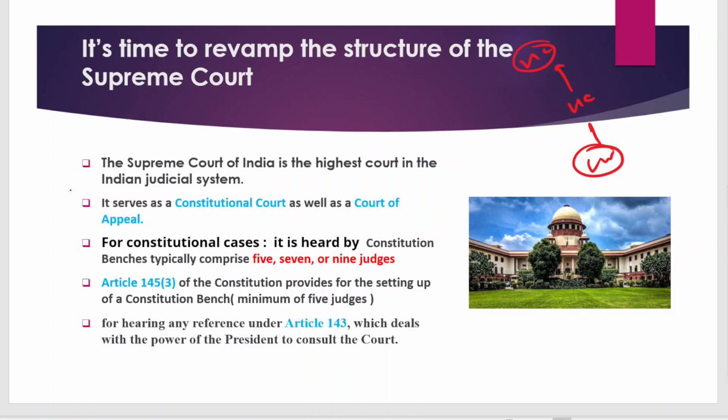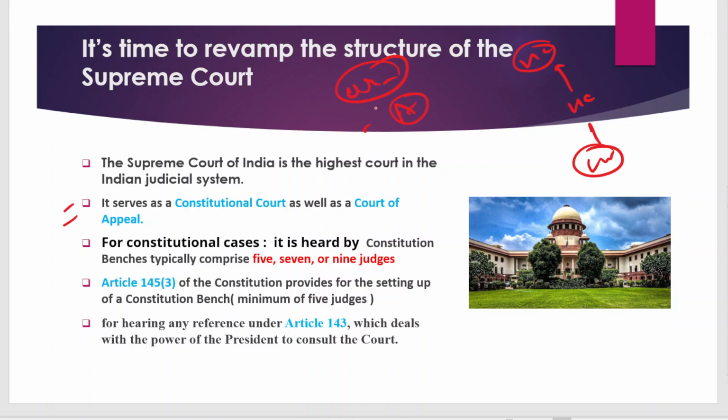It serves as a constitutional court as well as a court of appeal, but first try to understand the jurisdiction of the Supreme Court. Original jurisdiction: in this, the Supreme Court hears cases related to disputes between the states and between the state and the center. We have the advisory jurisdiction, under which the Supreme Court advises the president.